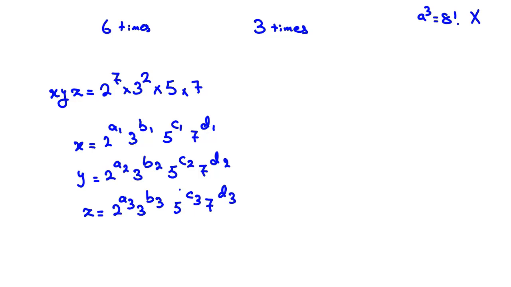Okay. Now, we know the product of x, y, z equals these numbers. So what can we say about the ai's? a1 plus a2 plus a3 is what?